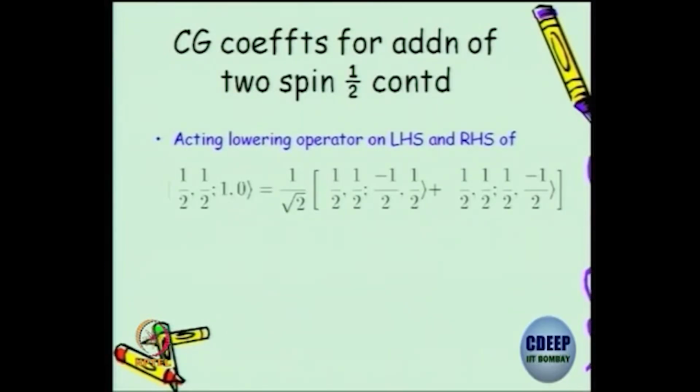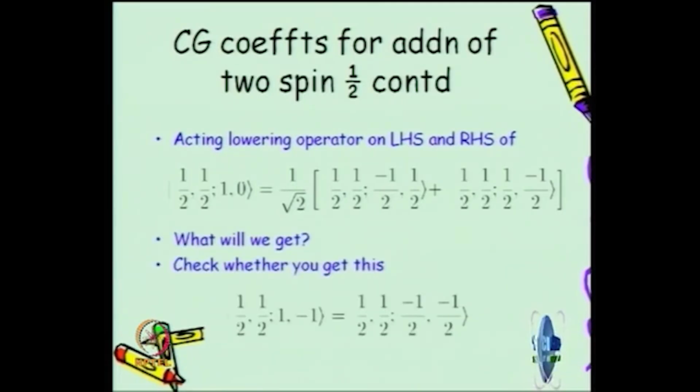Okay, because the left hand side coupled states, whenever I wrote those coefficients, they are also normalized. Acting the lowering operator, you can still do the lowering operator on LHS again and RHS, which we have derived now. And what will we get? We will get that the 1, minus 1 is exactly with coefficient 1.